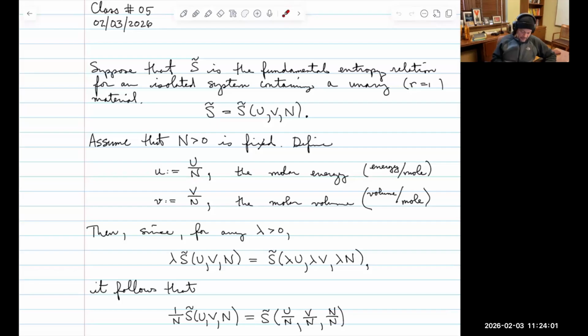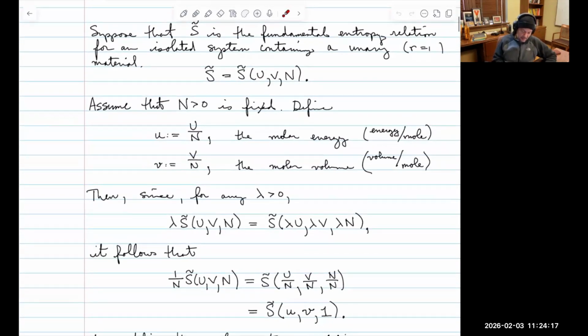And now we're going to define a few quantities. The energy per mole is lowercase u, and the volume per mole is V over N. These are also called the molar energy and the molar volume. And now, since the entropy is a function that is homogeneous of degree 1, for any positive lambda we have this relationship.